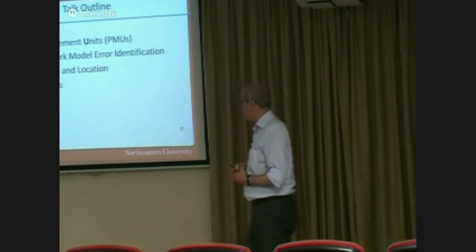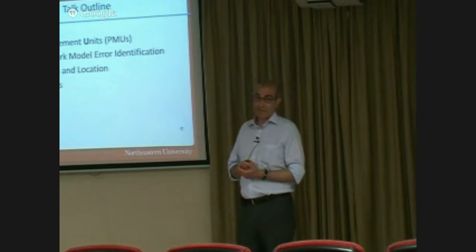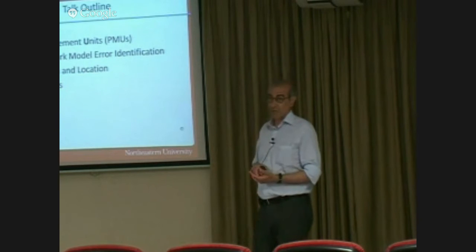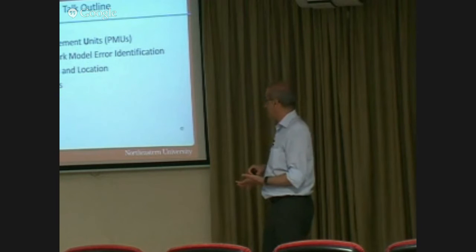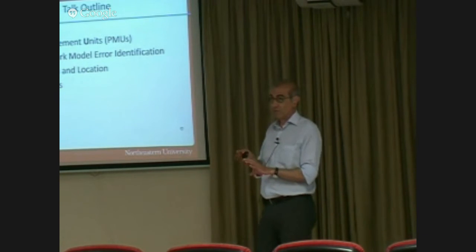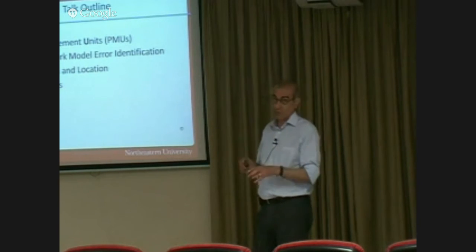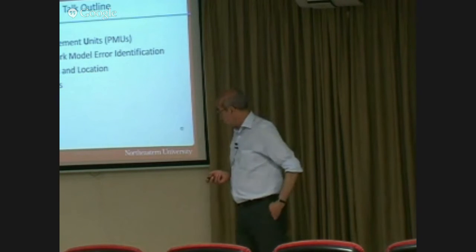One is external network model error identification, and the other is fault location or fault detection. These are classical problems in power systems, and it turns out that these two problems fit into the same formulation, for which we can use the same type of solution. Then we'll have some closing remarks.